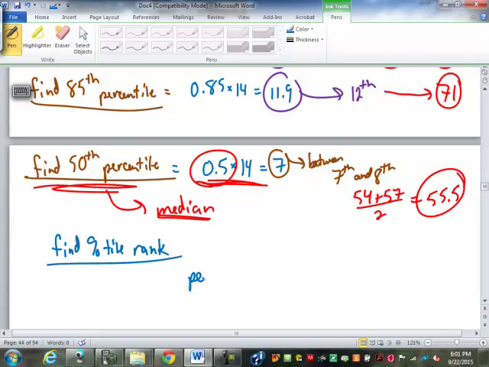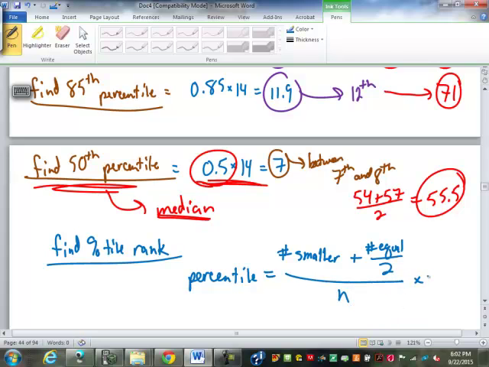The percentile is equal to the number that are smaller plus the number that are equal divided by 2, all over n, then multiplied by 100 to make it a percent.